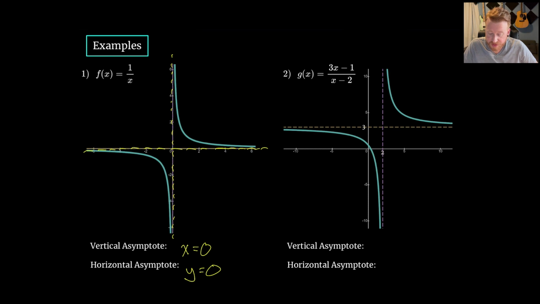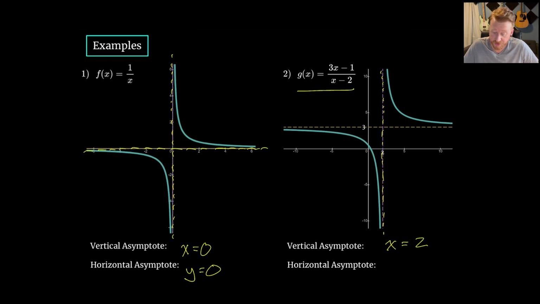A little bit more interesting over here is the graph of g of x, being the ratio of 3x minus 1 over x minus 2. Here we can see there's a vertical asymptote, not at 0, but it's kind of shifted over a little bit, and we can talk about shifting these graphs around from the parent function 1 over x. We have a vertical asymptote here at the line x equals 2.